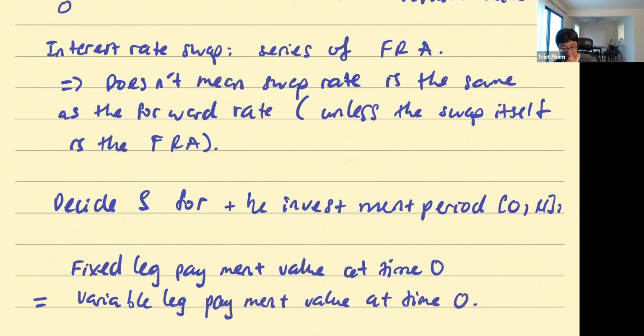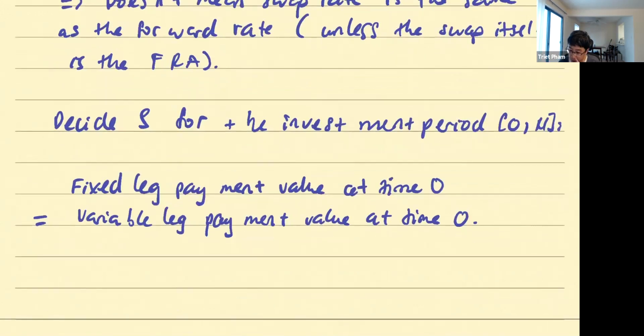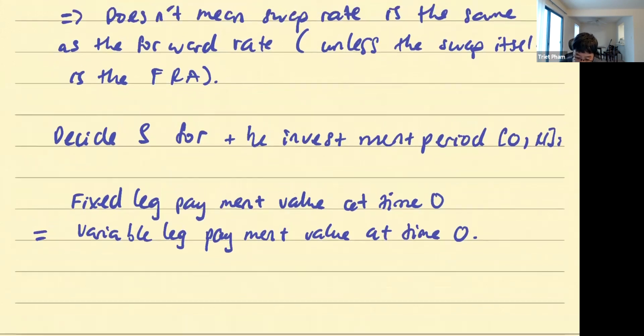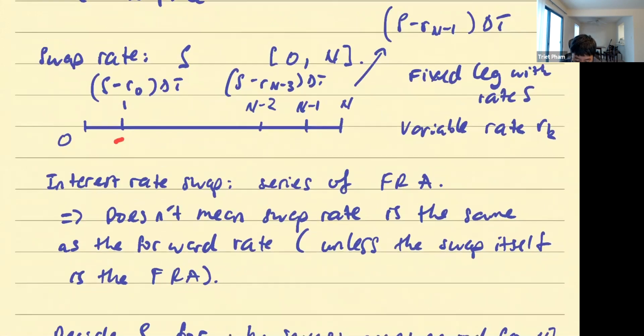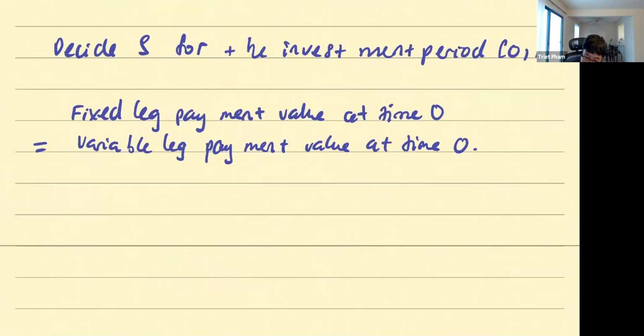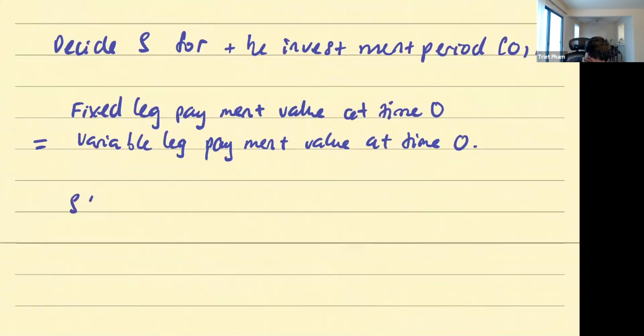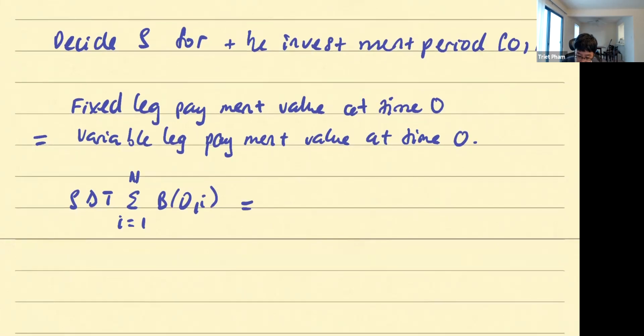Set them equal, and you get it. What is the fixed leg payment value at time 0? At each step you pay S delta T. So in general it should be S delta T times the sum of B_{0i}, i from 1 to N. That's the fixed leg value.